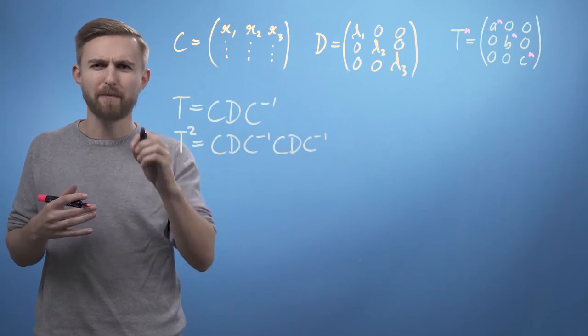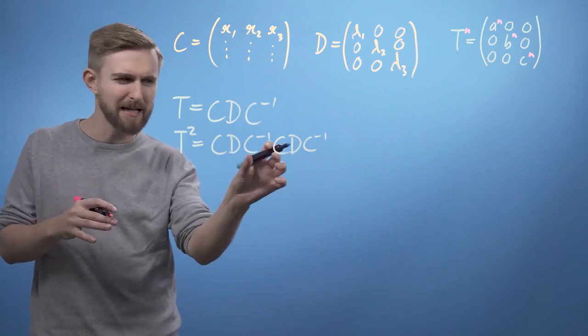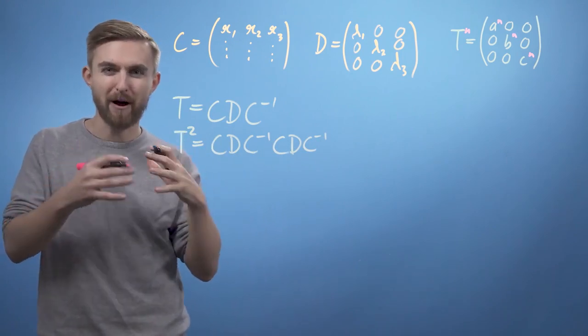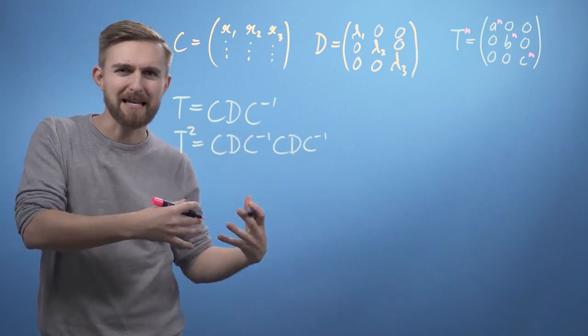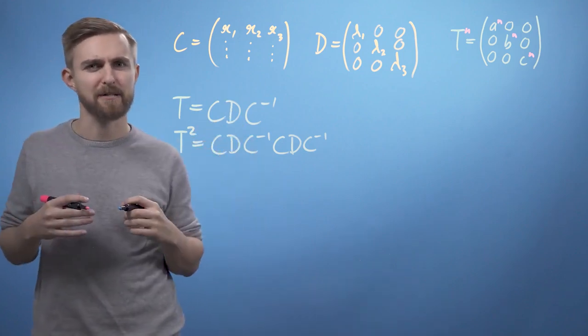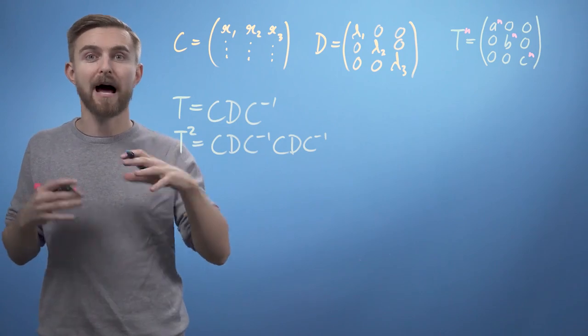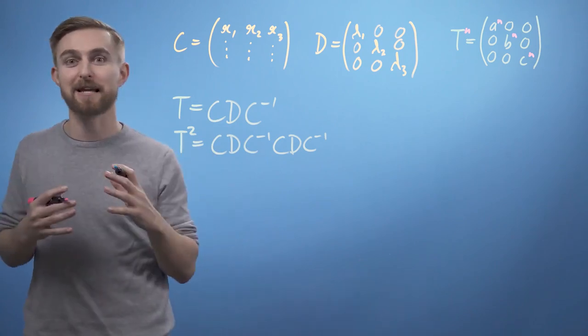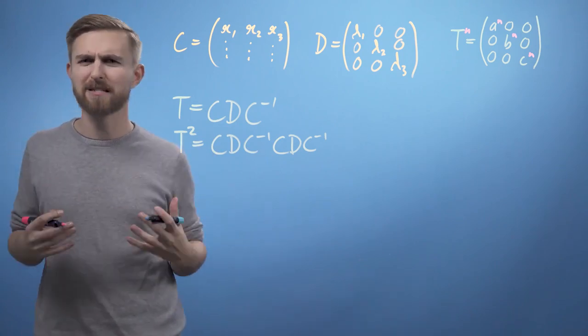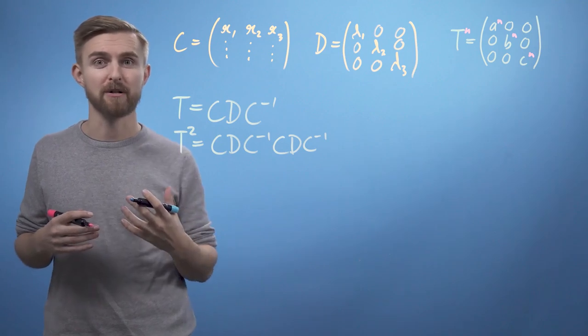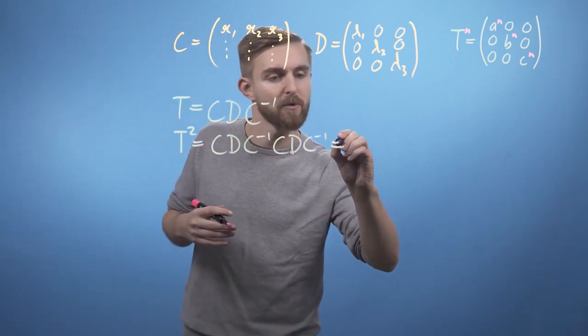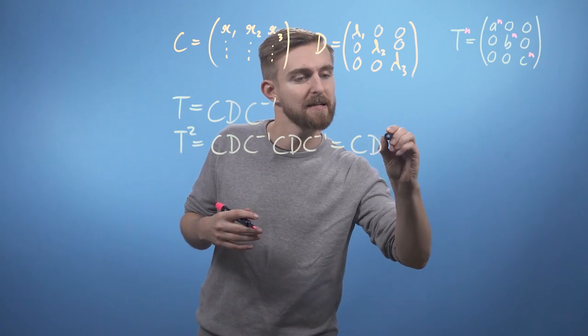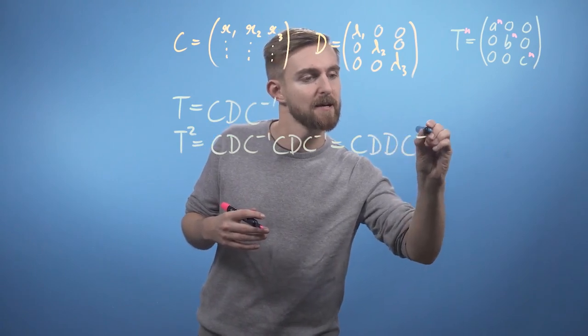So hopefully you've spotted that in the middle of our expression, on the right-hand side, you've got C multiplied by C inverse. But multiplying a matrix by its inverse is just the same as doing nothing at all. So we can simply remove this operation. Equals C D D C inverse.